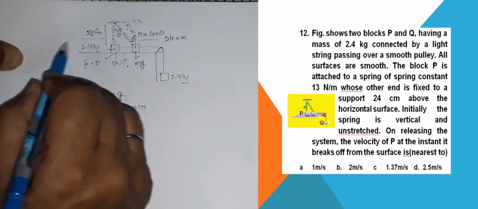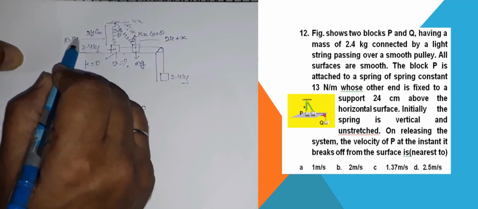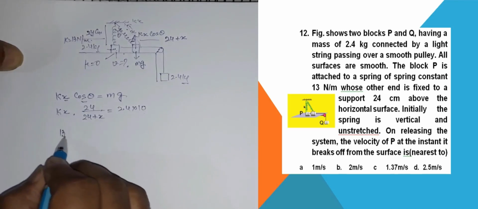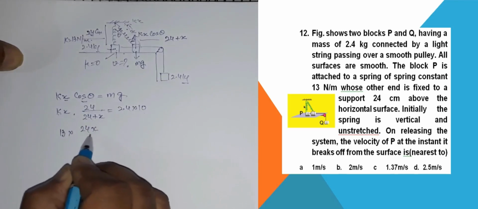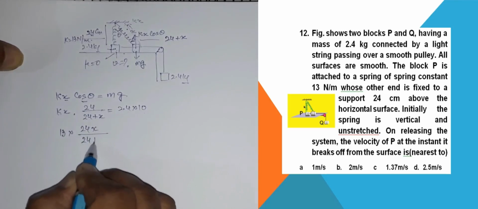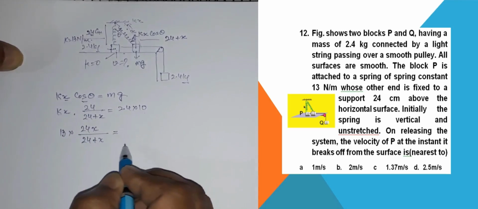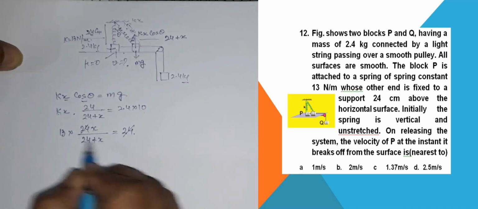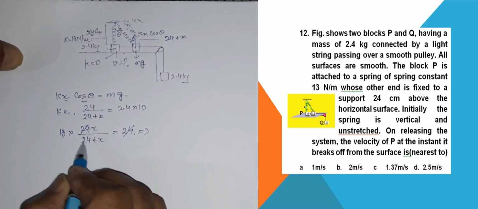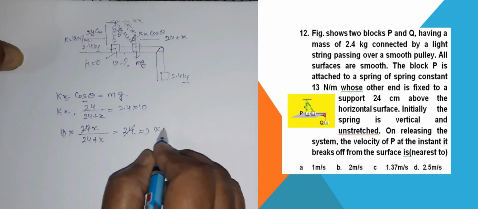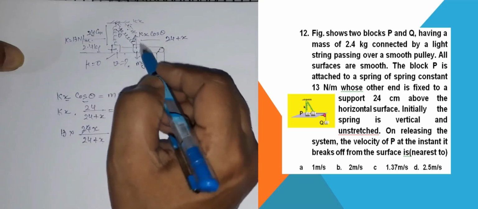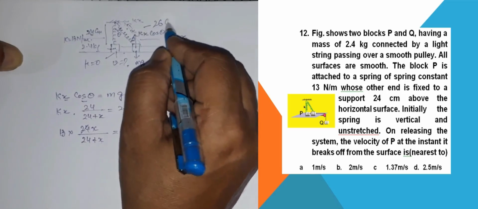This k is given to you as equal to 13 Newton per meter. So this is 13, 24x upon 24 plus x equal to 24. That is simplifying these 13x equal to 24. X will be equal to 2 centimeter. That means this length becomes 26 centimeter.